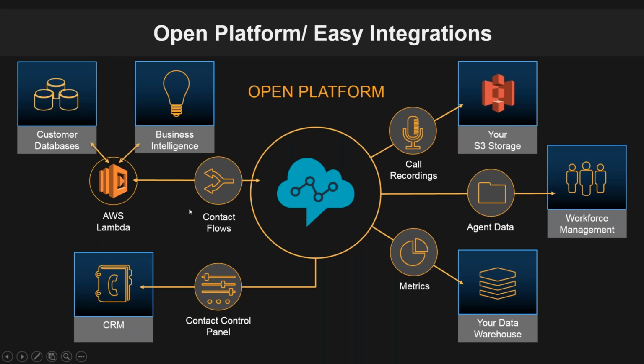The contact control panel allows you to do that. And then contact flows. Contact flows can leverage AWS platform services like AWS Lambda, which is a service that allows you to run code without having to provision hardware. It'll execute standard code based on triggers.